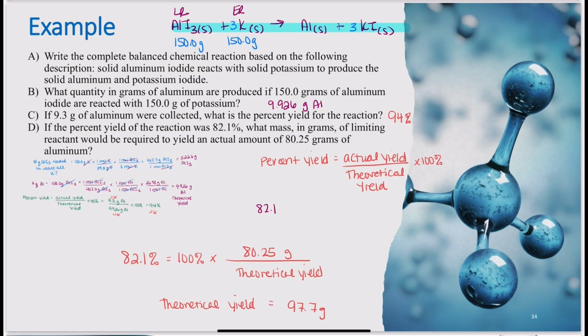I took that 82.1 and divided it by 100. So this had 100 times 80.25 grams over, we're going to call it TY for theoretical yield. So I divided both sides by 100. Okay. So that canceled out the 100 there and gave me 0.821 here.